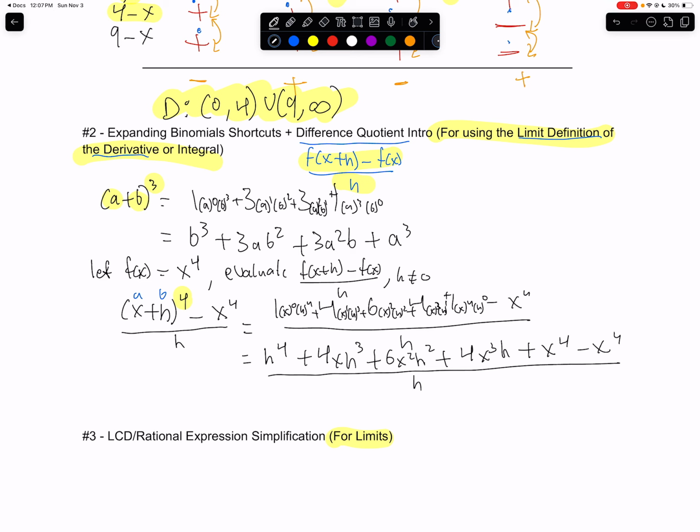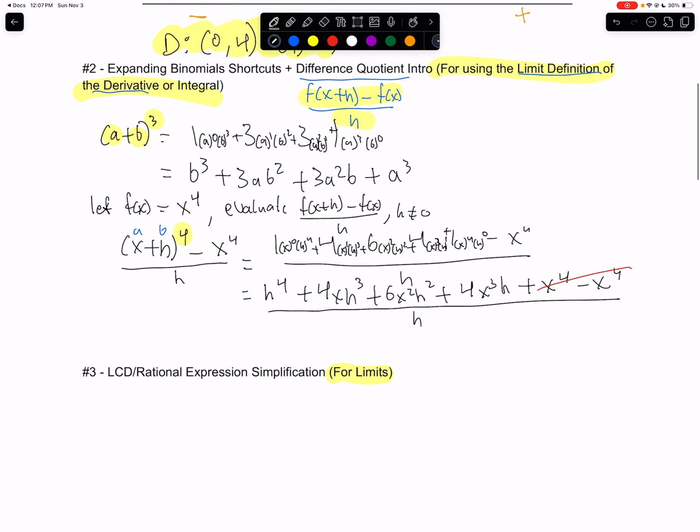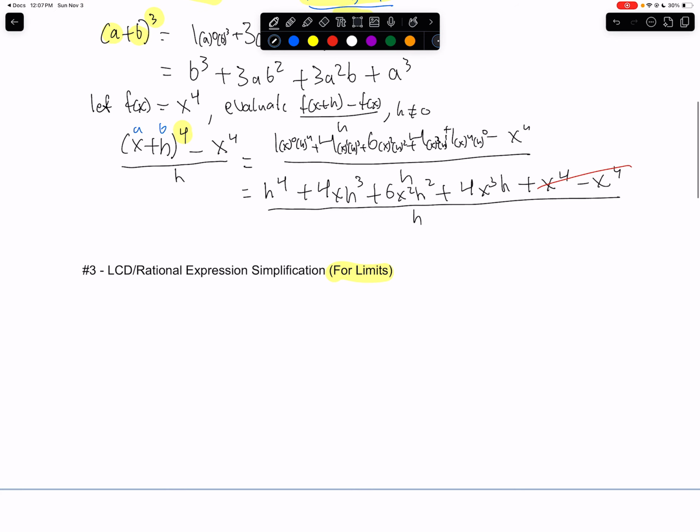Hopefully you see here that these x to the fourth terms will cancel, and that we now have all terms in the numerator in terms of h. So now we can split this into separate fractions: h to the fourth over h plus 4xh cubed over h plus 6x squared h squared over h plus 4x cubed h over h.